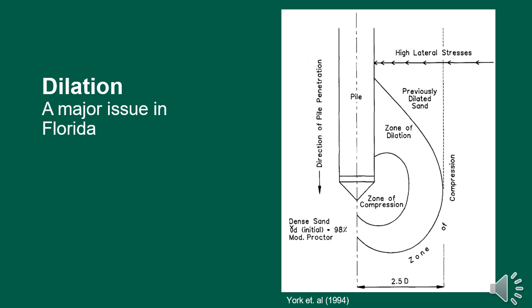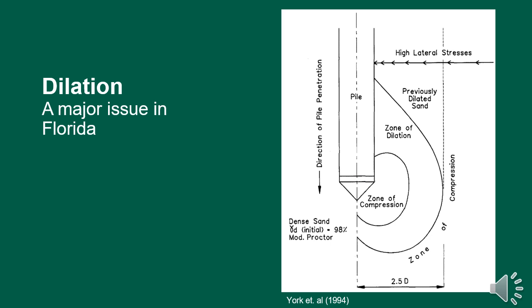So here we're going to get a little better understanding of what dilation is, because it is one of the biggest issues we have. As you drive your pile down, you have a compression zone that's very close to the tip. This is where everything's compacted even more than it was previously. But when we go a little further out, we have this dilation zone.